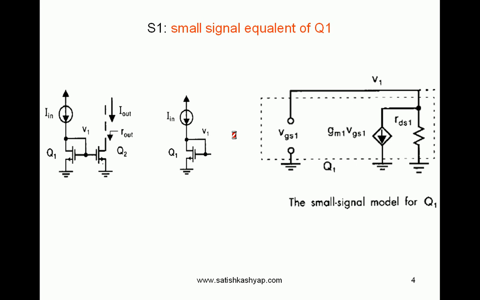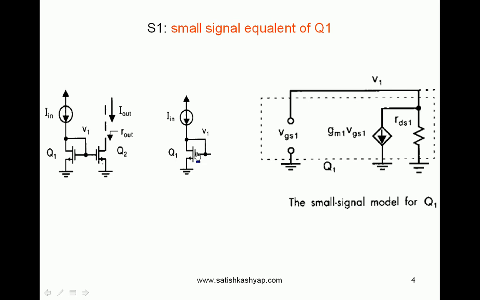Iin is nothing but a current source, that is a constant current, so that is modeled as open circuit. So Iin is not present in the small signal model. Iin is a constant current which can be modeled under AC analysis. Any constant current will be treated as open circuit, so that Iin doesn't appear in the small signal model.